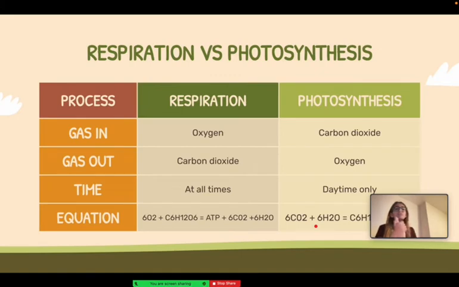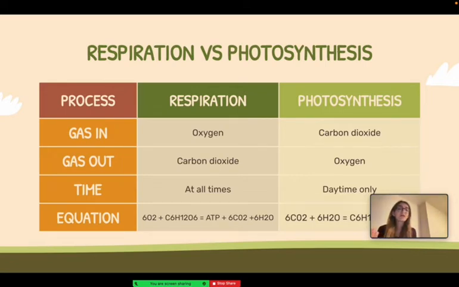Now let's talk about respiration versus photosynthesis. Respiration, also known as cellular respiration, takes place even in our bodies. It's the exact opposite of photosynthesis. It takes place in plants and it takes place in animals as well, animal cells.